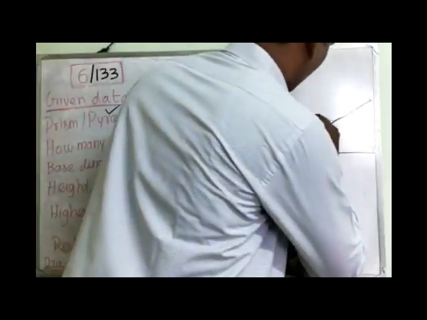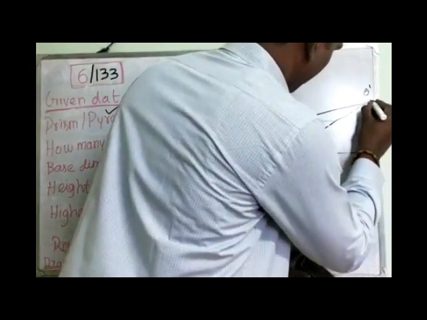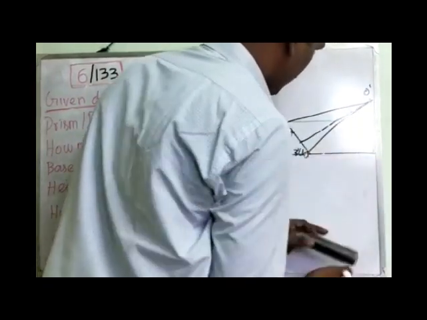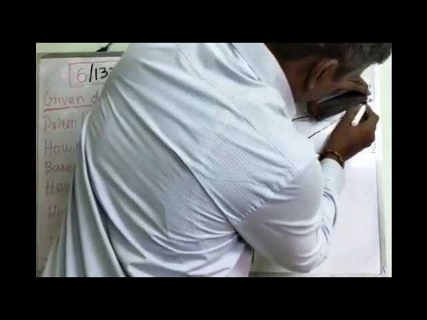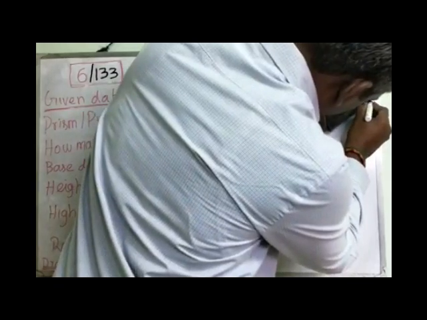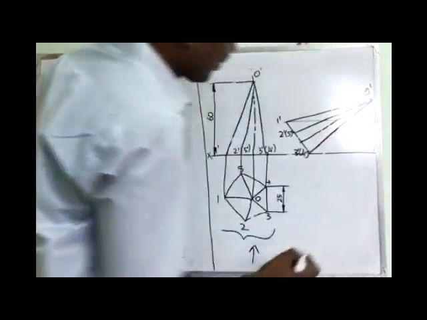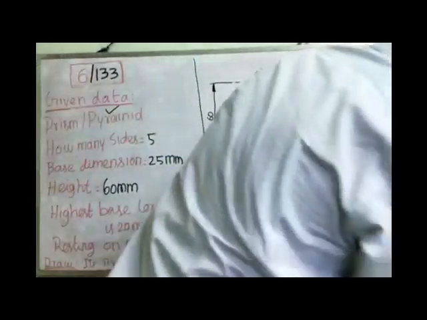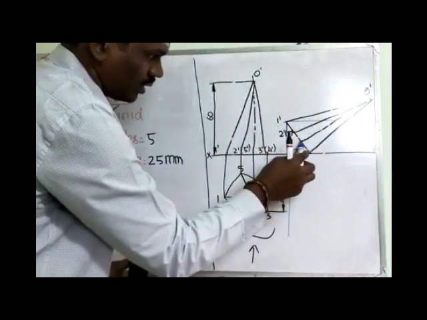Now you connect 1 to 0 dash. Similarly 0 to, and now you project all the base corners.